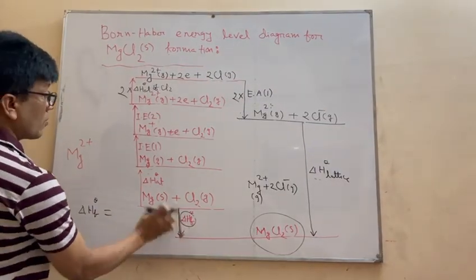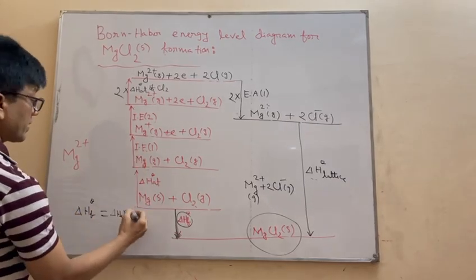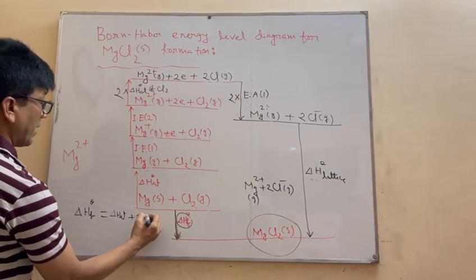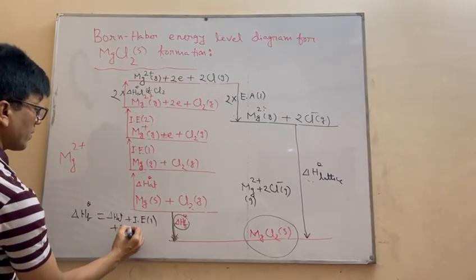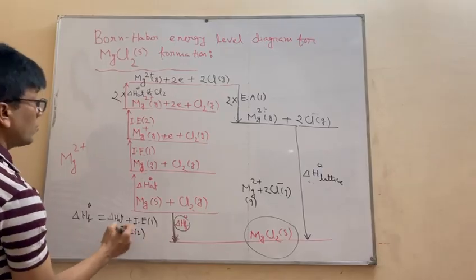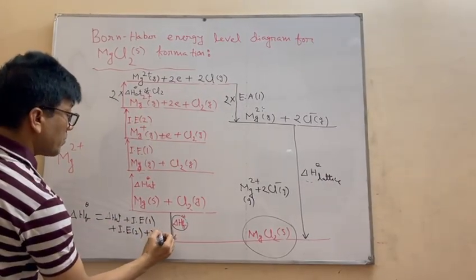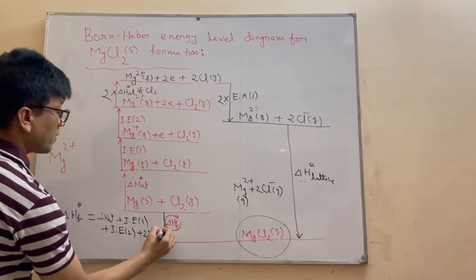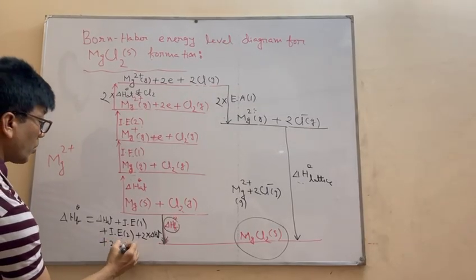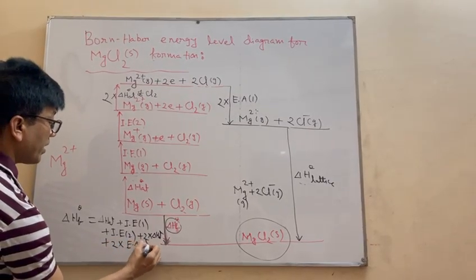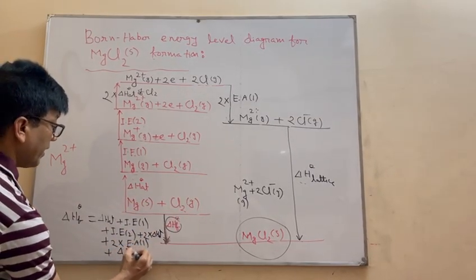So delta H formation will be delta H atomization plus IE1 plus IE2 plus 2 times atomization of chlorine plus 2 times first electron affinity, then plus delta H lattice.